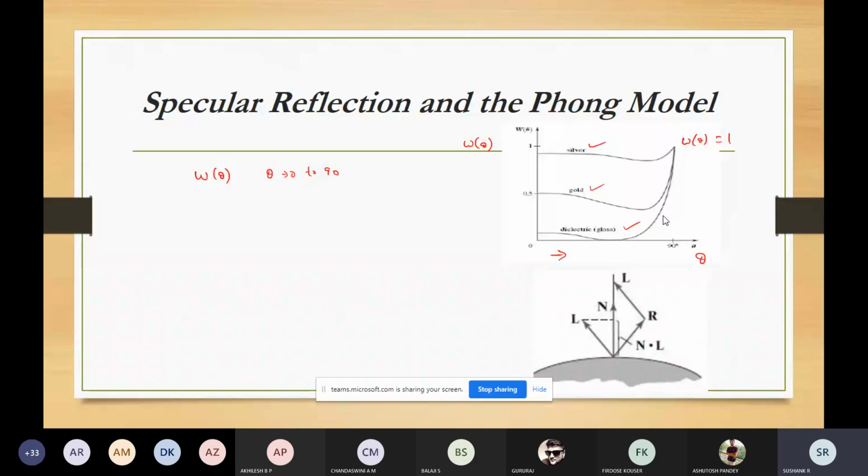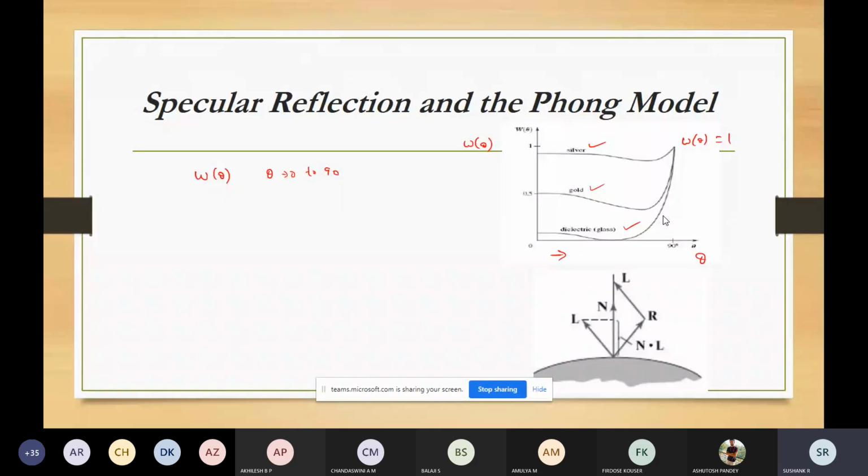So you can see that as the angle of incidence theta increases, all the light is getting reflected. That is given by W of theta. W of theta means whatever light is incident, that is getting reflected. You can see that from this graph also.